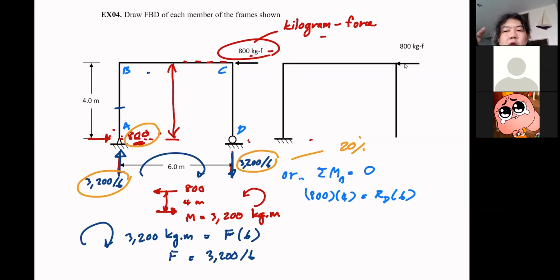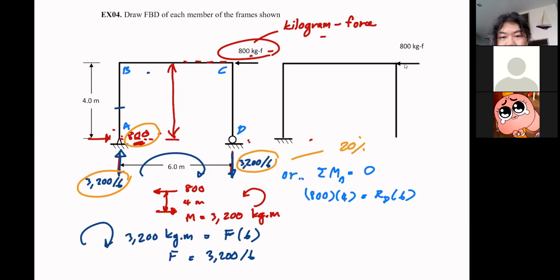If you proceed to do the free body diagram of member AB, and then the shear force and moment diagram as well, and then you go on to member BC and you know something is wrong with member BC but you don't fix it, it means that you can't actually draw the free body diagram of every member that forms the frame.